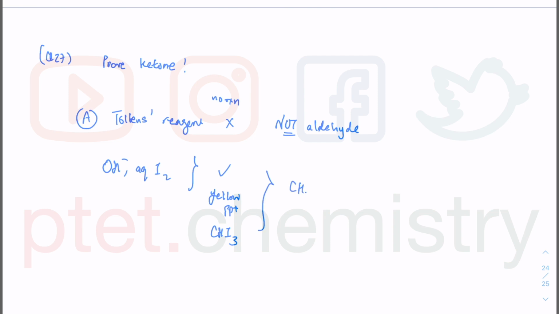So this is a test for CH3CO or CH3CHOH, just as we did for question 26 just now. It could be a ketone, but it does not 100% prove that it's a ketone. This is a test for aldehyde as well, it's not exclusive to ketone. So that's how I can tell that A is not a very convincing answer.